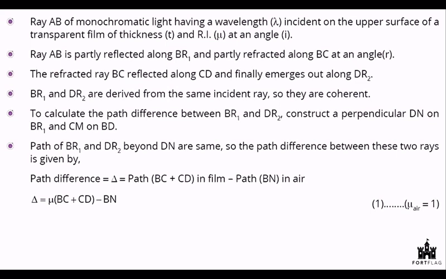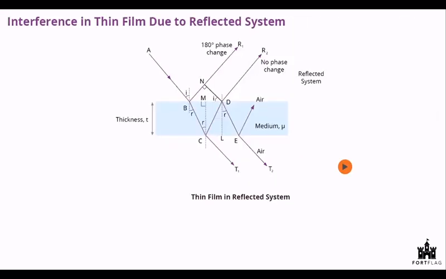Okay. So we have defined this, and the important first step is to get the path difference between R1 and R2. By the time the ray R1 reaches point N from B, the other ray has reached point D, after refracting inside and getting reflected.